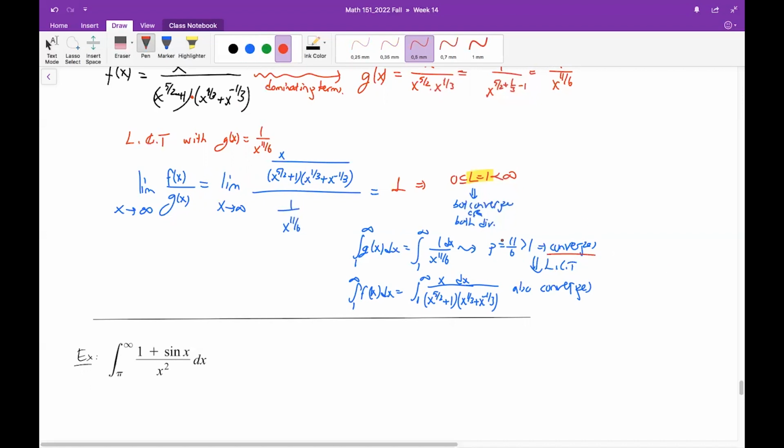It converges as we obtained limit 1 in the limit comparison test. They have to both be convergent. That's why f of x should also be convergent, okay?